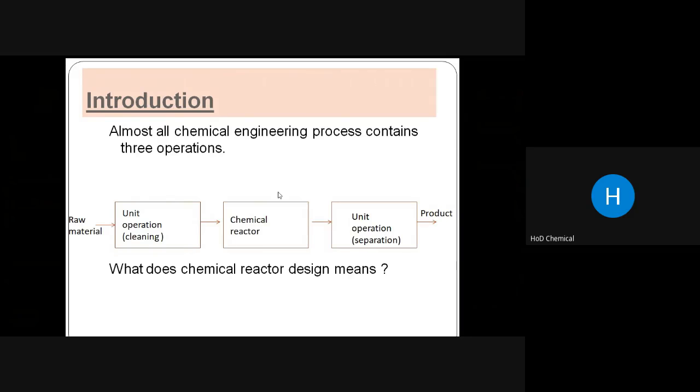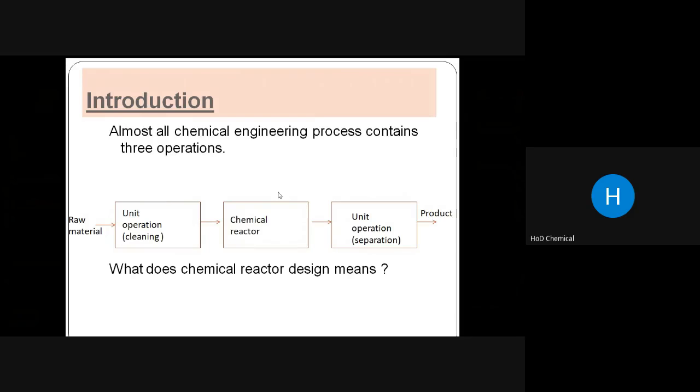Physical properties means things like cleaning purpose, filter purpose. Separation purpose means among the three phases, gas, liquid, and solid, if any production involves two phases, then we need to separate the two phases.